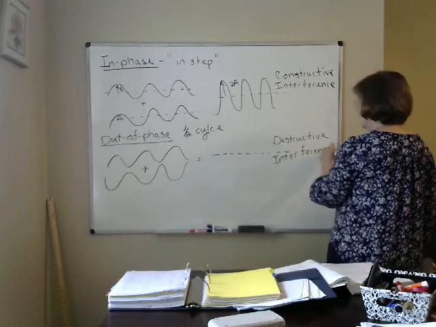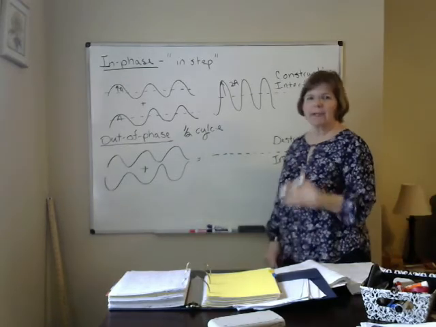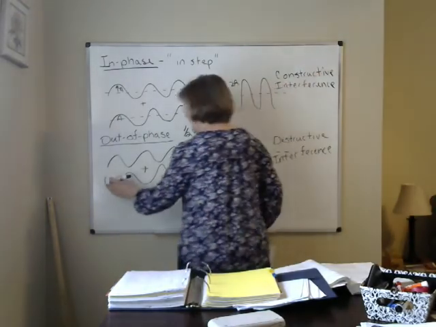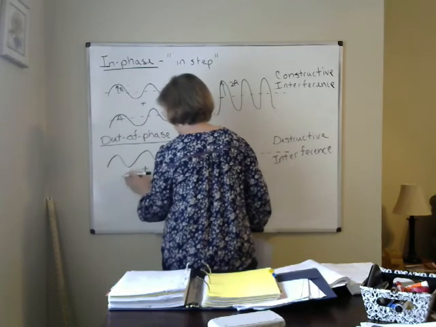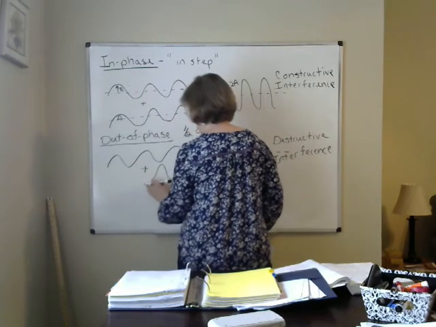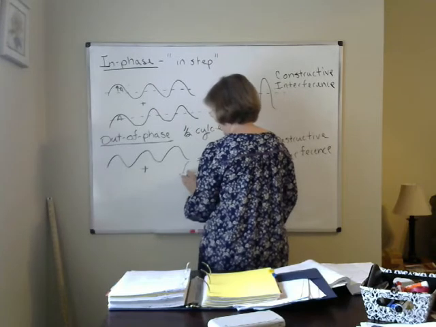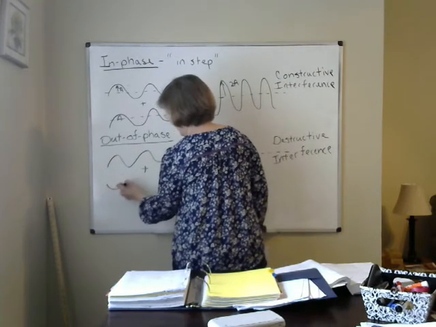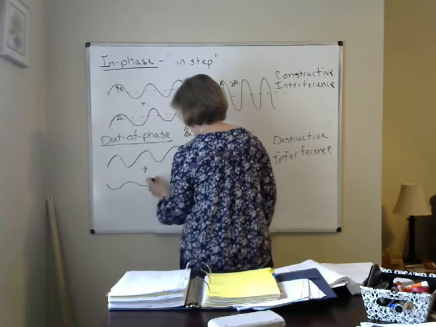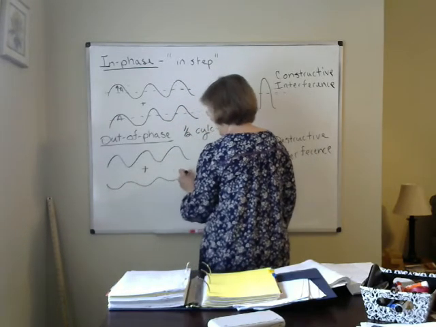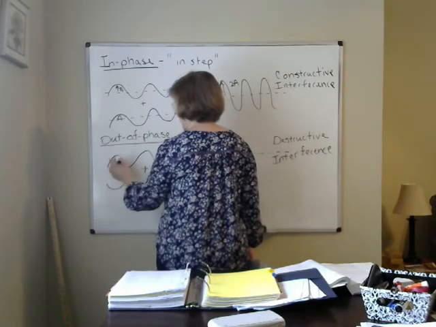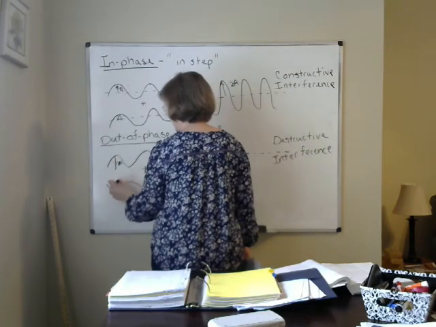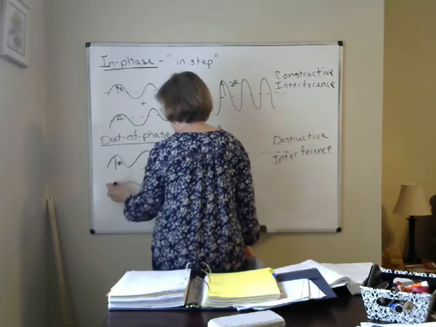Now, you can have destructive interference without it being completely destructive. I could have had a smaller wave here, where maybe this one had an amplitude of 2A and this one had an amplitude of 1A.